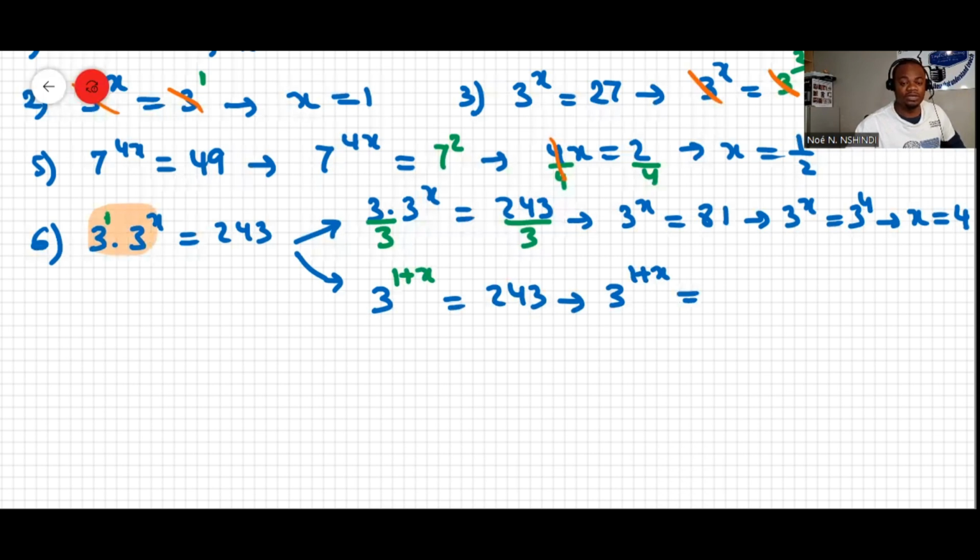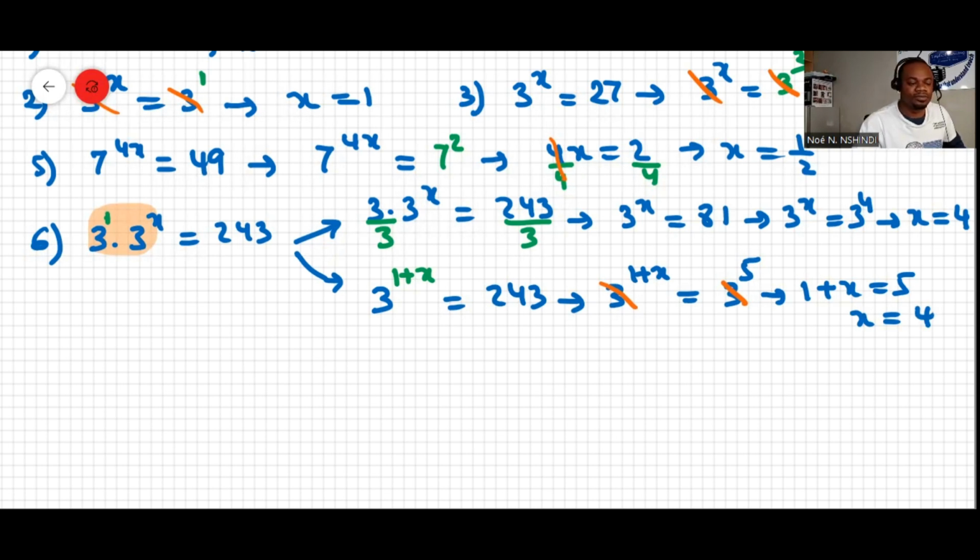If you do that in a calculator, you will get 3 to the power of 5. Then with the same bases, we can just drop the bases and equate the exponents: 1 plus x equal to 5. If we move the 1 over, we'll get x equal to 4. Okay.